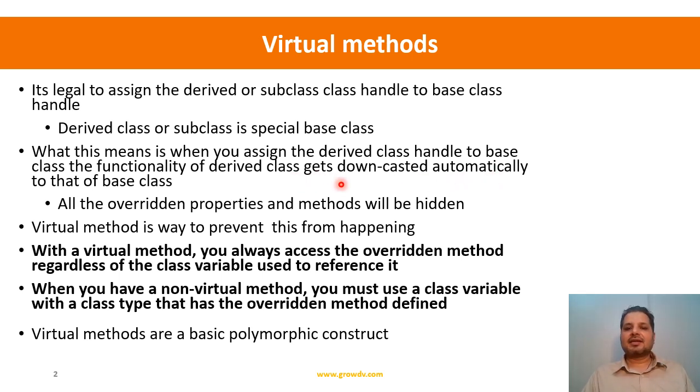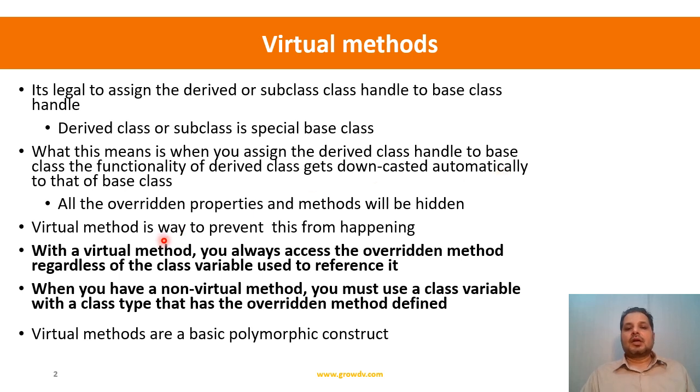The same thing I can say as: the derived class object got downcasted automatically, because even when I had assigned a derived class object to a base class handle, when I tried to access the overridden functionalities, I was not able to see them. I was still accessing the property values that were assigned in the base class and the methods the way I had defined them in the base class, not in the derived class, right? So that is what we mean by saying downcast.